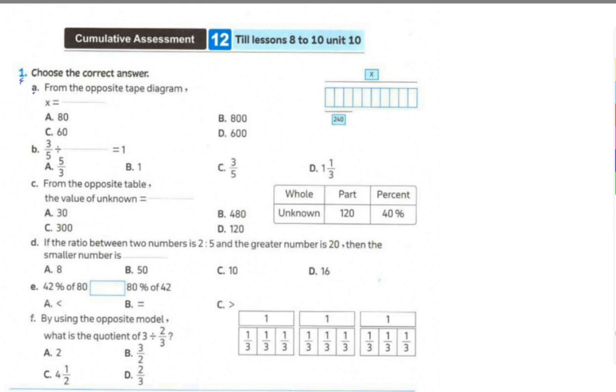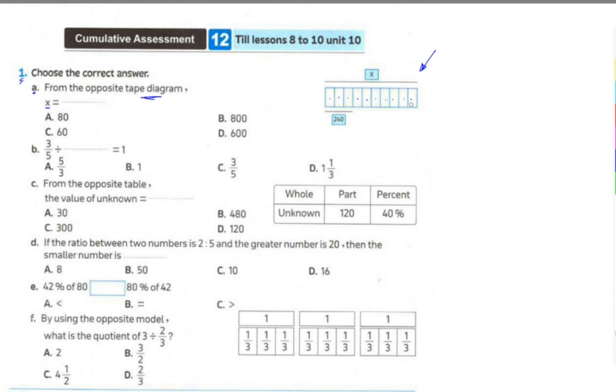First, point A. From the opposite tape diagram, I need to find the value of x. If you look here, how many rectangles do we have? 1, 2, 3, 4, 5, 6, 7, 8, 9, 10.